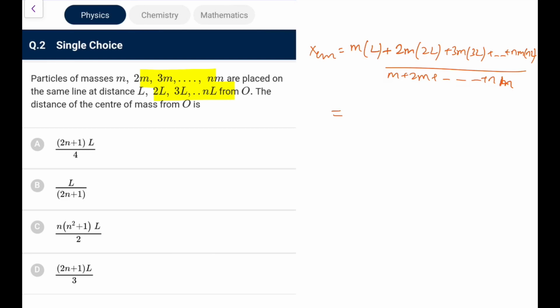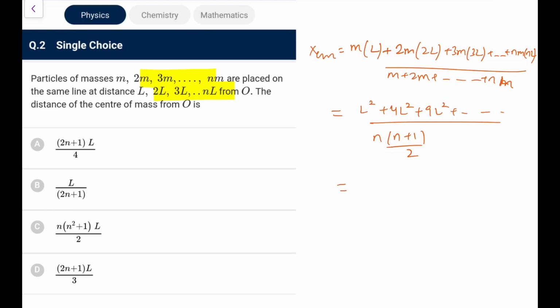So what you will have, in the lower side you have the sum of the n natural numbers, that is sigma n, you know, is equal to n into n plus 1 by 2. m will cancel, L will be there above, and above you will get L square plus 4L square plus 9L square, that is the sum of the natural squares.